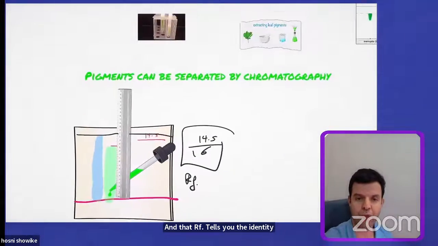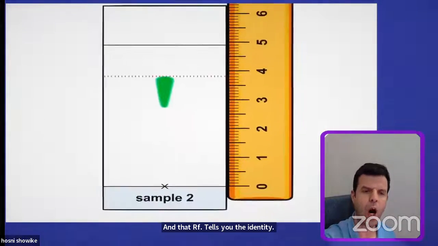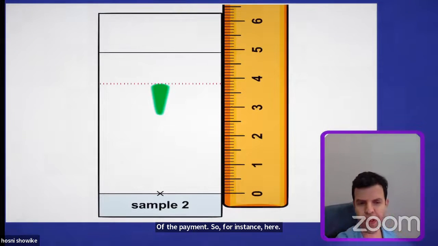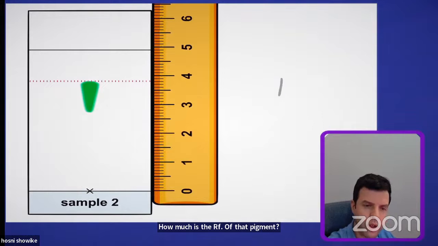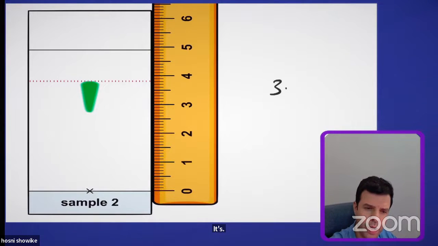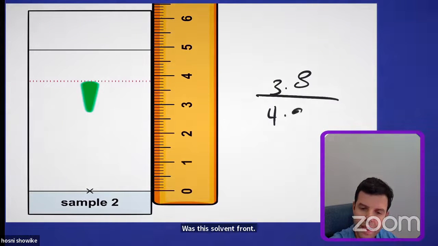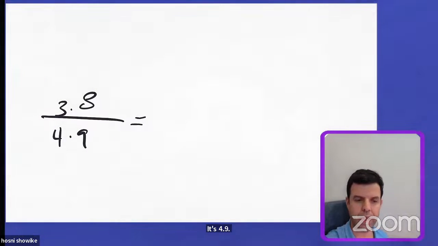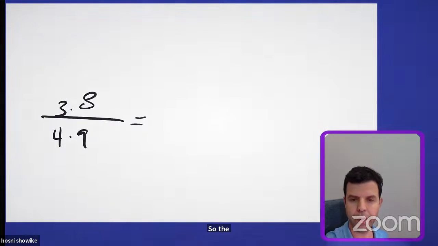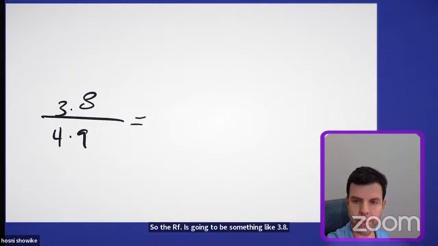of the pigment. So for instance, here, how much is the RF of that pigment? It's actually 3.8. What's the solvent front? It's 4.9. So the RF is going to be something like 3.8 divided by 4.9.